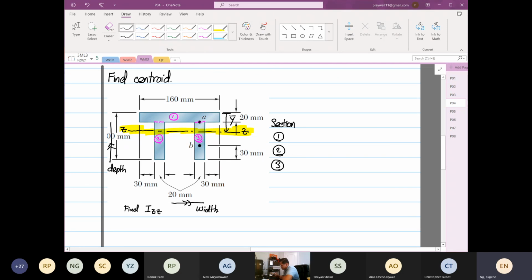What is that distance from the top? In this analysis to find the centroid, we are not finding shear stress. We're finding the centroid. This is where the datum is. I'll take the datum from the top.